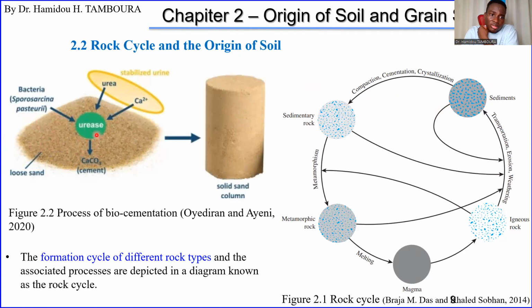This is sand, and by using bacteria, they can make this sand cemented and become like this semi-sand column. So this exists now. Artificially, we can do it by just using bacteria, and the process is called biocementation. You can try it also.